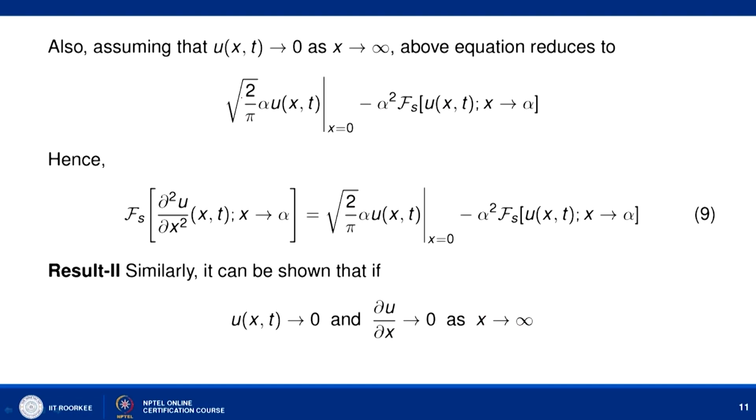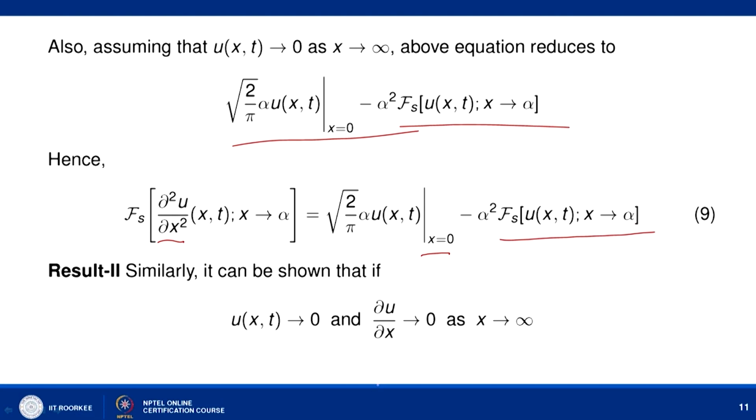We can simply say that it is under root 2 upon pi α u(x,t) at x equal to 0 minus α² Fourier sine transform of u(x,t).